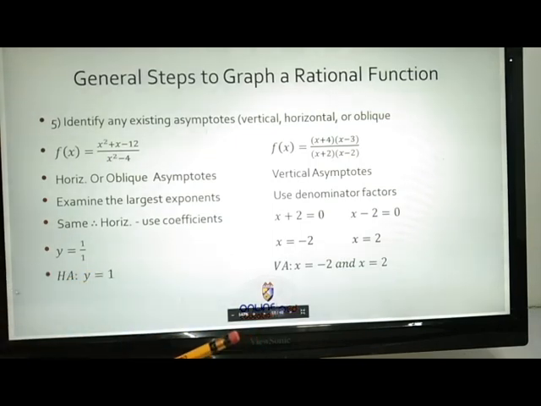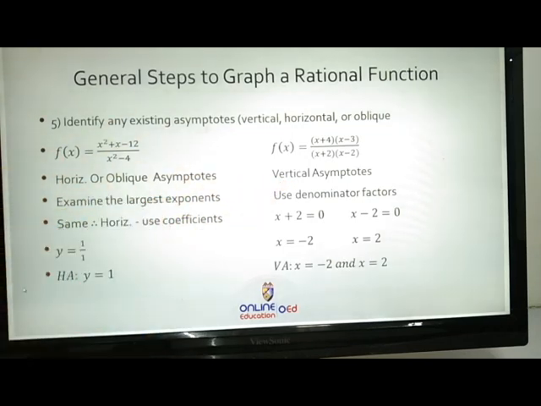So we have y is equal to 1 over 1. So the horizontal asymptote is 1. Okay, so for this one, you just have to use the coefficients.